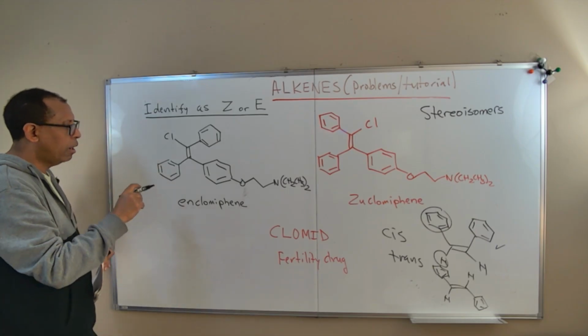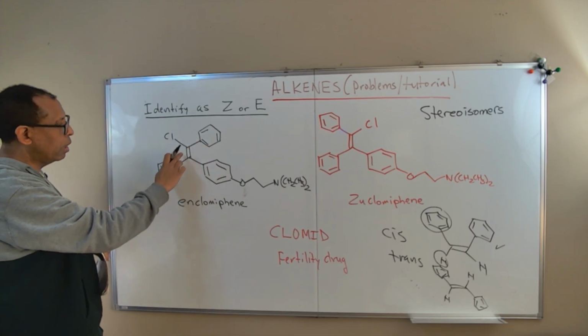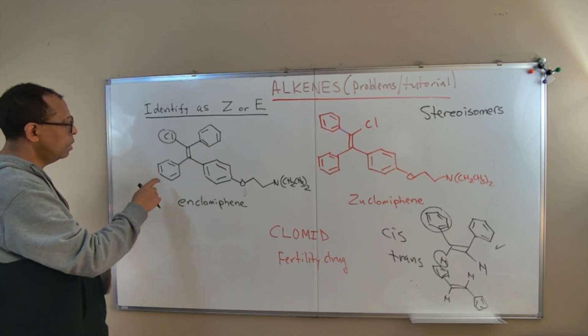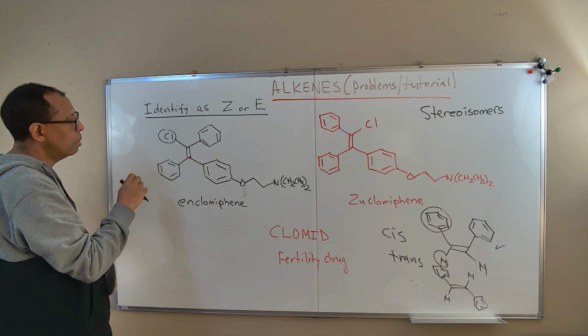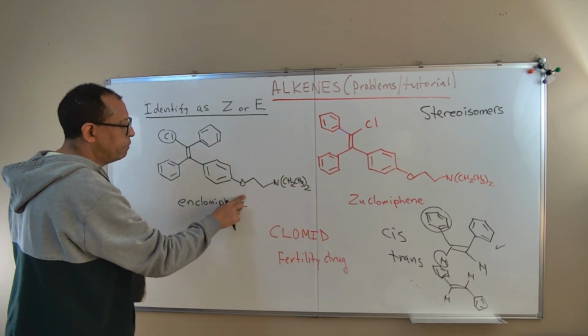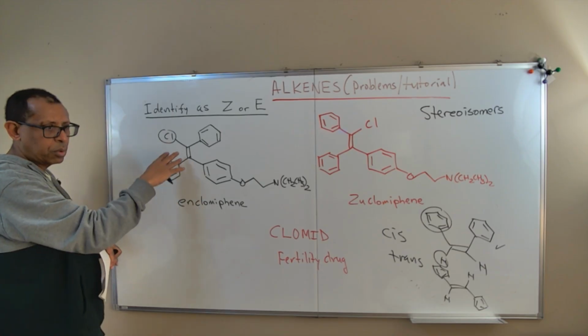Because you have at least 3 different groups on the alkene. You have the chloride, the phenyl, and this substituted phenyl, which is a different group than the rest. So at least you have 3 different groups on this.